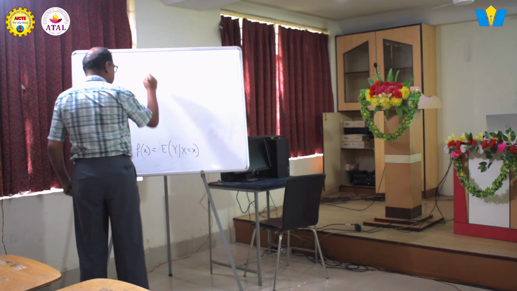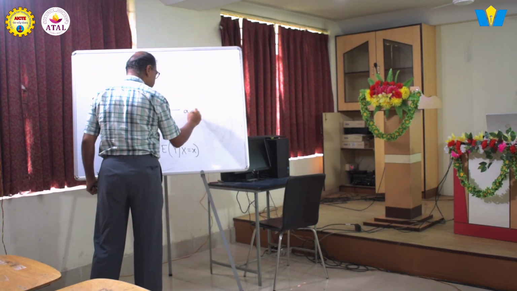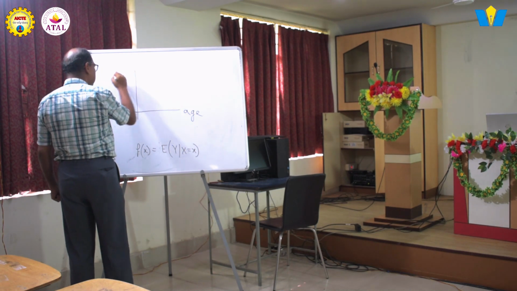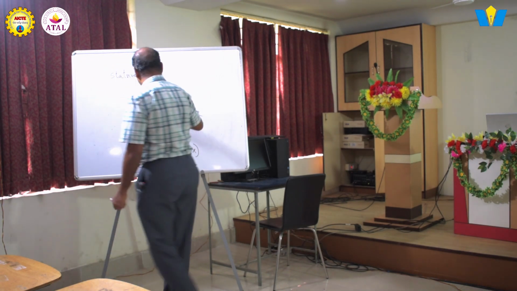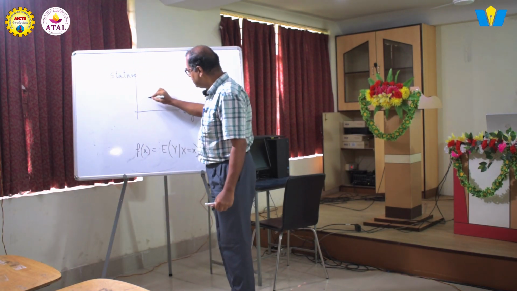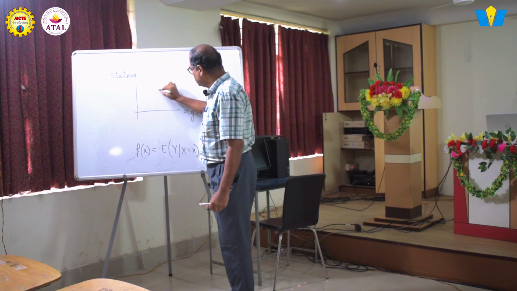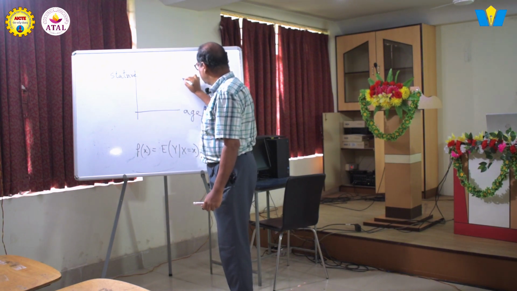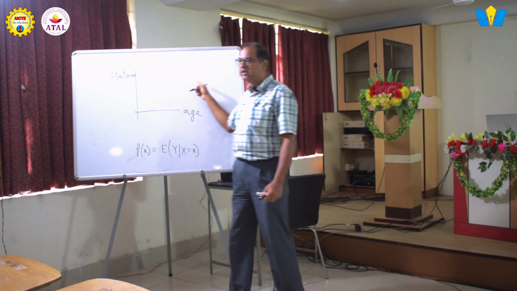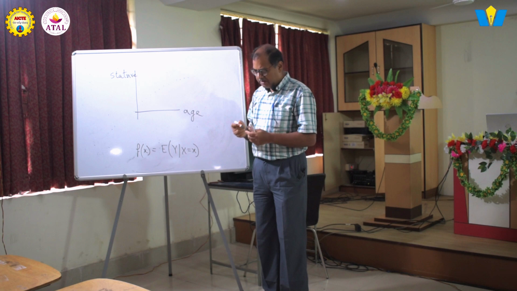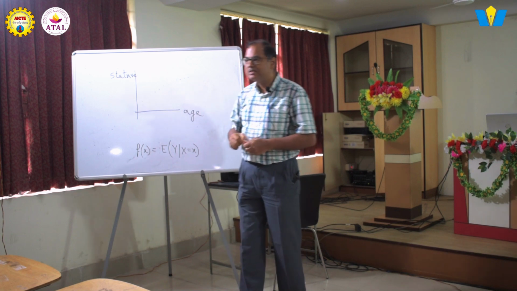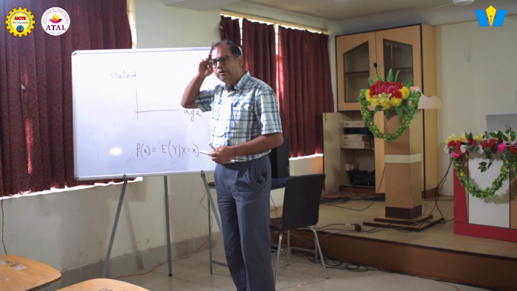So then age versus height, or stature, as they call it. Stature is height. If you plot for a particular individual, it eventually reaches a mature height. But if you are collecting data, this is not really how people come to conclusions.